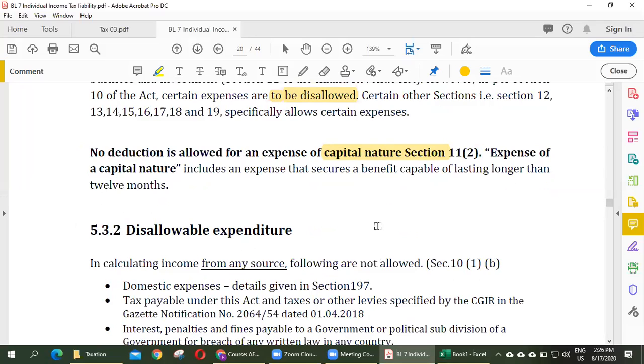Capital expenditure, capital nature, right? The expense of capital nature includes an expense that secures a benefit capable of lasting longer than 12 months. If any expenditure you made gives you benefit for more than 12 months, that expenditure is called capital nature.